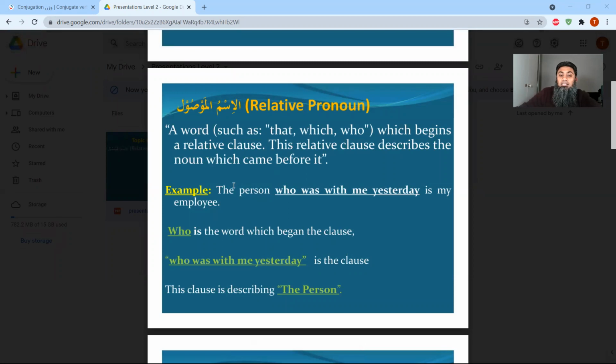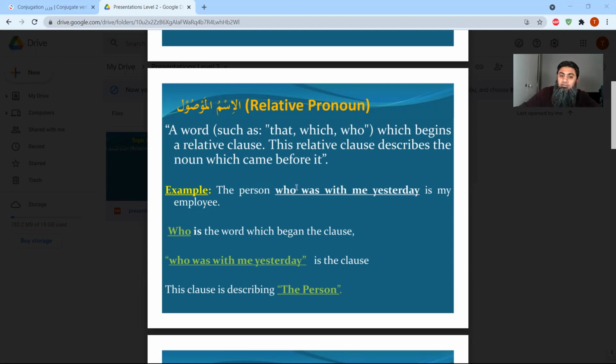Now, this person about which I am talking is described by this clause. So this clause is called relative clause. Number one. And number two, the word which begins this clause is called relative pronoun.